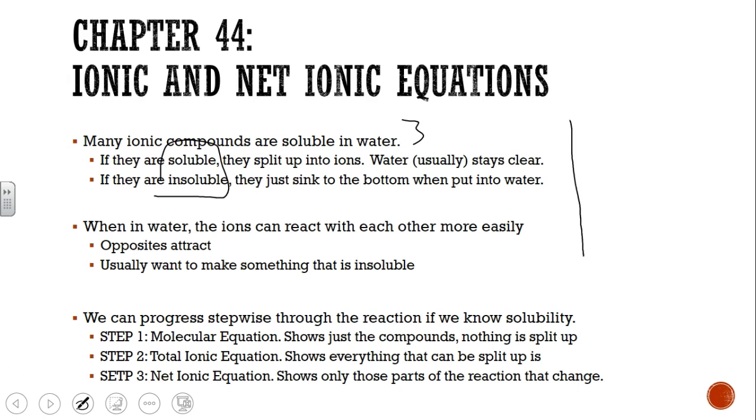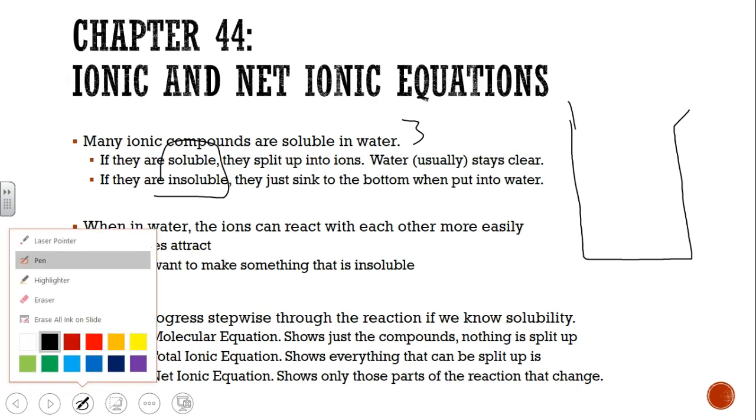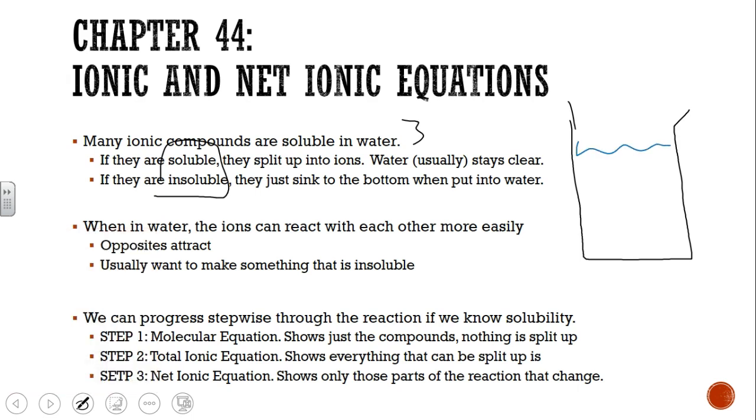Okay, so those ions, when they split in water, let me see if I can draw water here. Okay, so that's a beaker. Then what the ionic equations allow us to do, especially the net ionic equation, is just focus on the things that are changing. Just focus on the parts that are undergoing the chemical change, the chemical reaction.